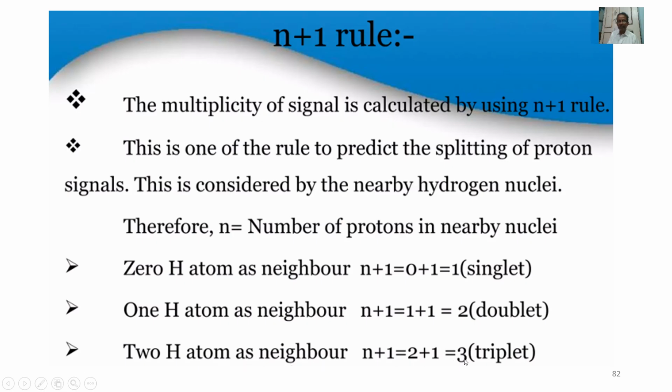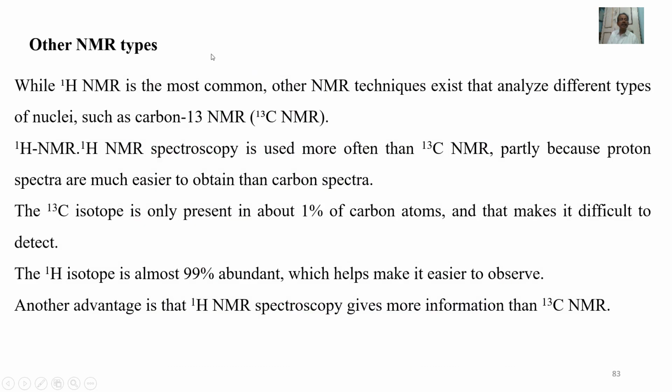Other NMR types. While proton NMR is the most common, other NMR techniques exist that analyze different types of nuclei, such as carbon-13 NMR. Proton NMR spectroscopy is used more often than carbon NMR, partly because proton spectra are much easier to obtain than carbon spectra.